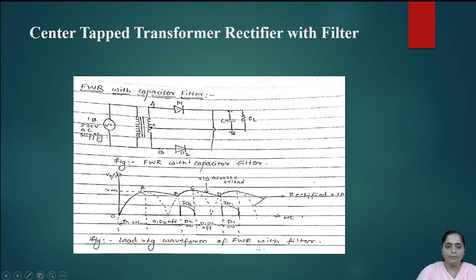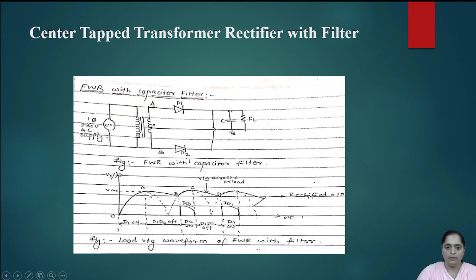At point A, Vc becomes equal to Vm, meaning the capacitor is charged up to the peak value. After point A, this dotted line indicates that there is a reduction in the output voltage. Therefore, D1, which was in conduction, goes into the reverse bias state.